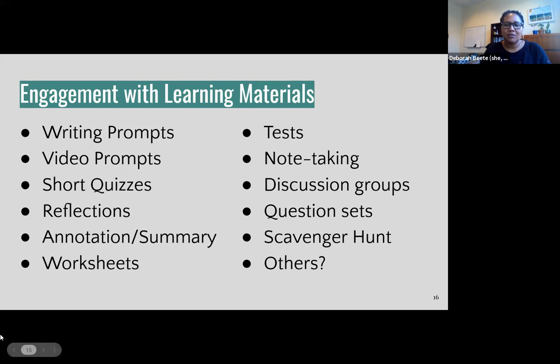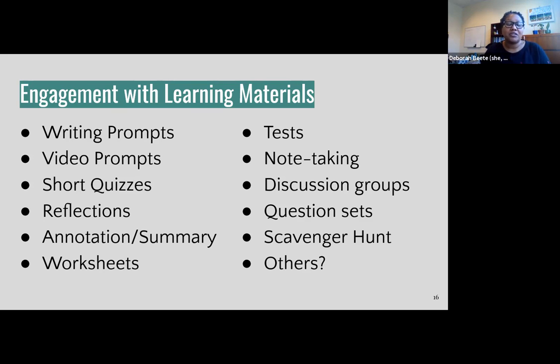I do that in some of my larger lecture courses. You might ask students to reflect on something that they've read. For me, it's a little bit different from a writing prompt because I'm asking them for opinion, whereas in a writing prompt, I'm asking them to give me more of an evidence base, if you can see the differentiation there.